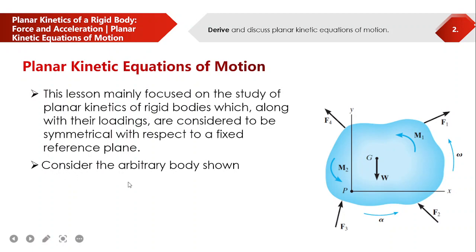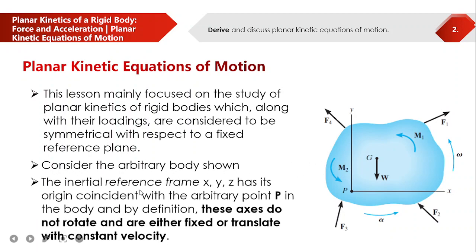Consider the arbitrary body shown. The inertial reference frame XYZ has its origin coincident with the arbitrary point P in the body, and by definition, these axes do not rotate and are either fixed or translate with a constant velocity.